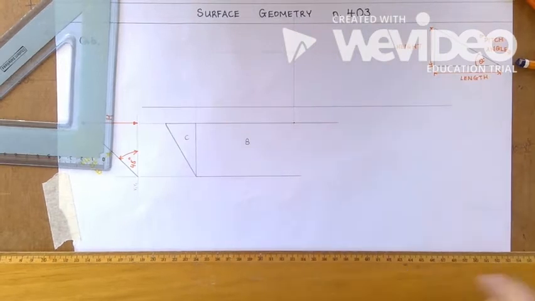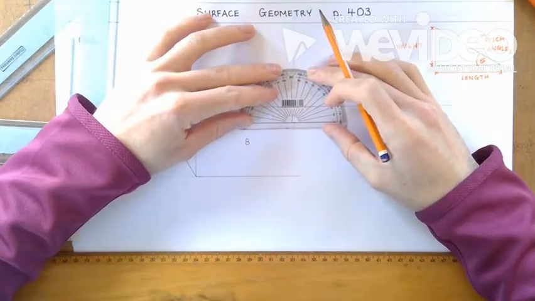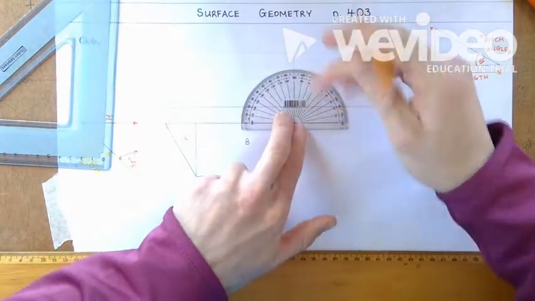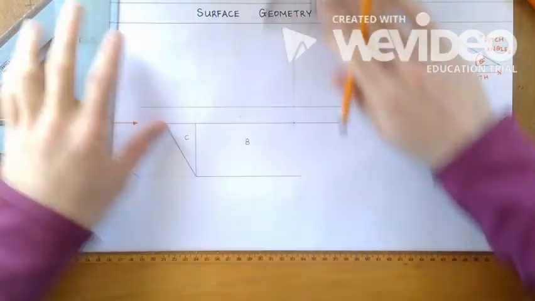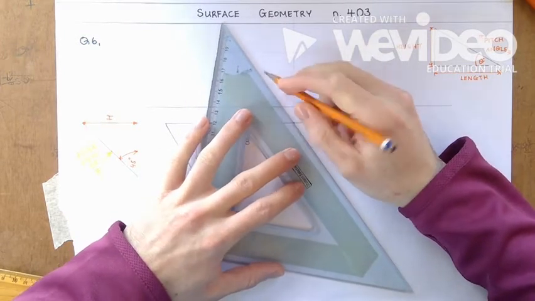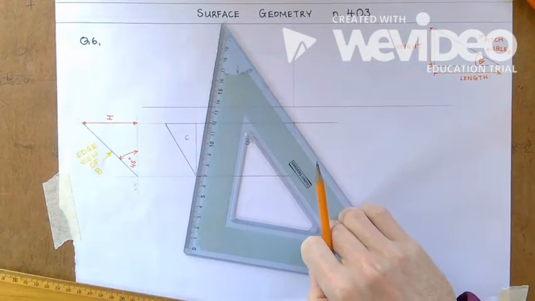A is at an angle of 55 degrees in plan view. So I'm going to set up an angle of 55 degrees, which is there, and draw a line. Now I know that A is along this line.